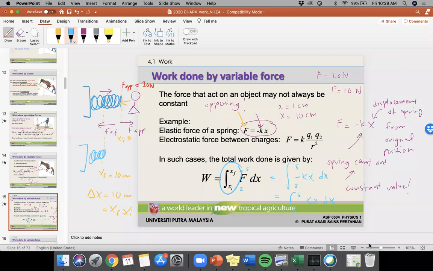It simply means one is elastic force, one is F applied. Okay? I think you've learned this in SPM yang F equals to Kx. For sure. Ada tak belajar dulu? Ada kan? But you only learned the positive one, right? Yeah. Okay.